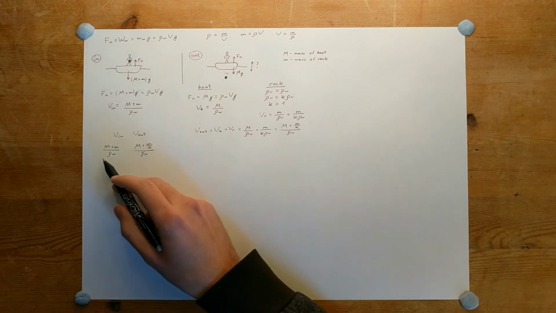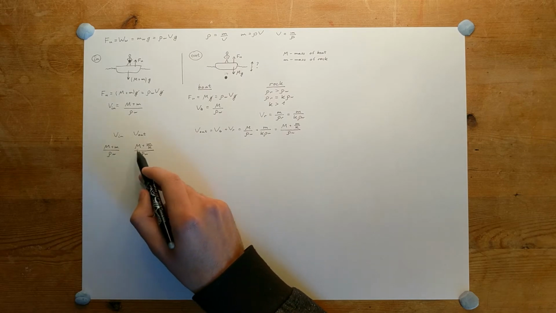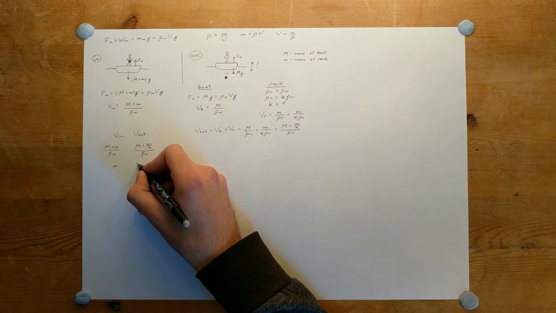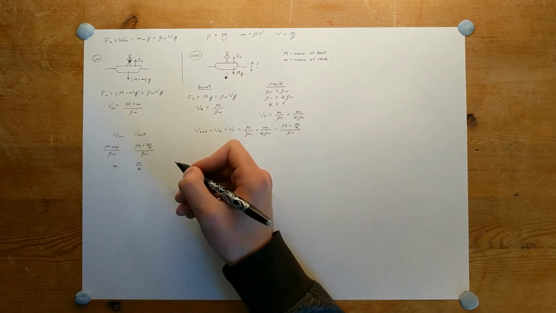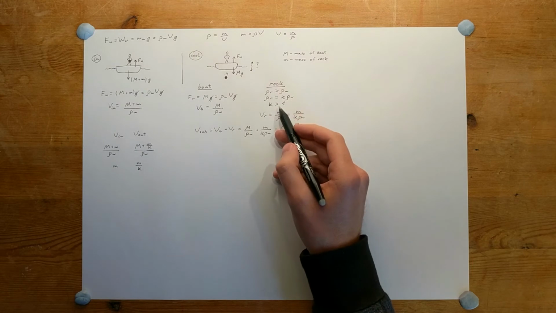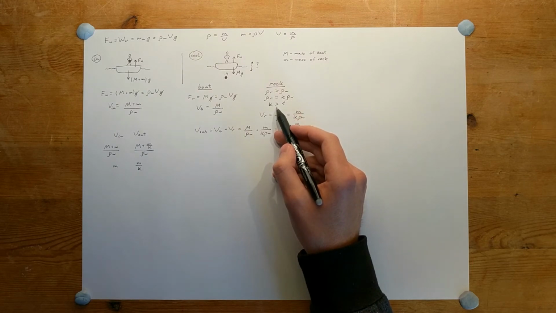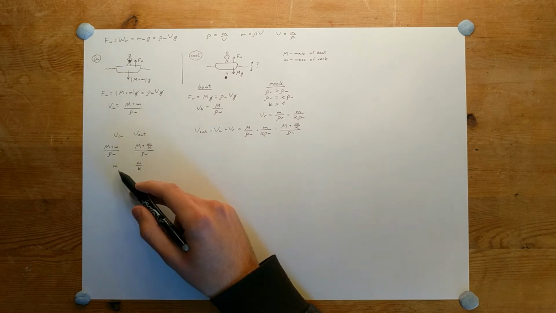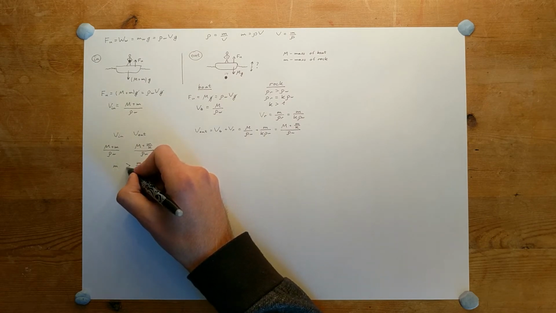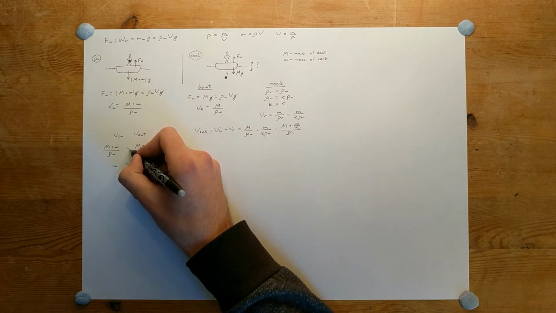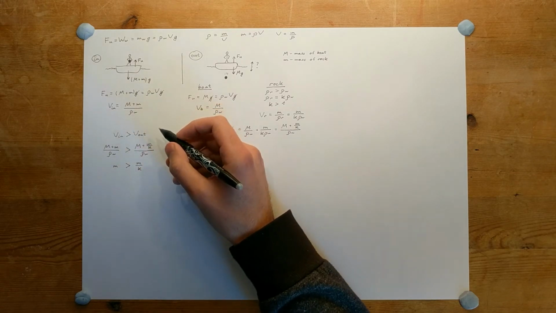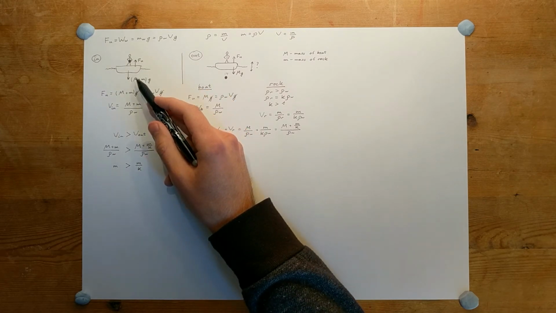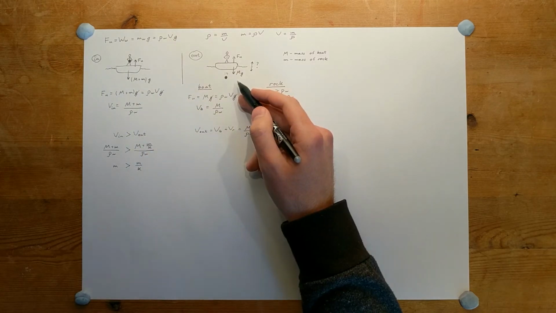We know that the densities are the same, the capital M's are the same, so basically we just need to compare m and m over K. But we know that K is greater than 1, so when we divide m by K, it's less than just m, therefore m is greater, which means that the volume of water displaced when the rock is inside the boat is greater than the volume when it's outside.